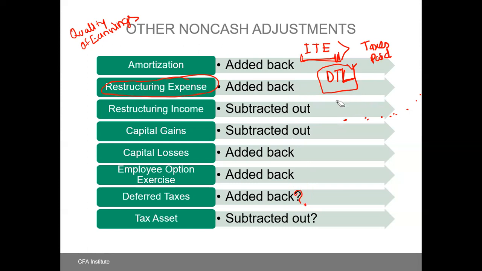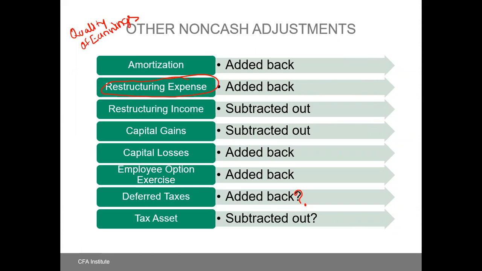We have to find the answer to whether it will be adjusted or reversed shortly, or it is expected to continue in coming years. If the answer is yes for the first one, we do not need to make any adjustment.